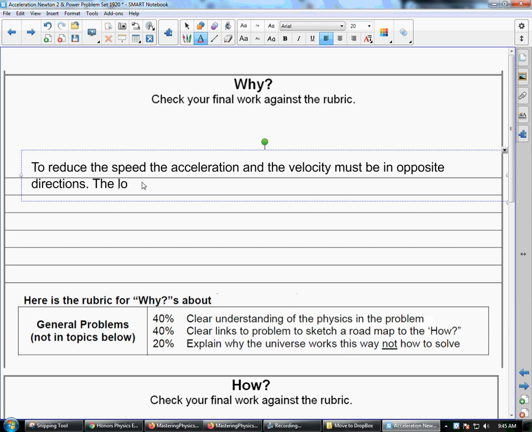The longer the distance it takes to stop, the less acceleration needed. Actually, I think that would probably do it.